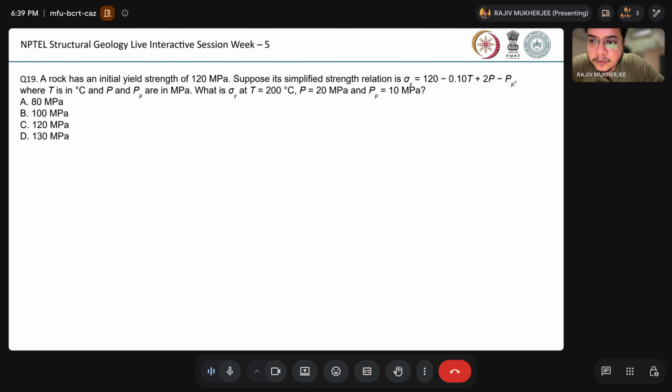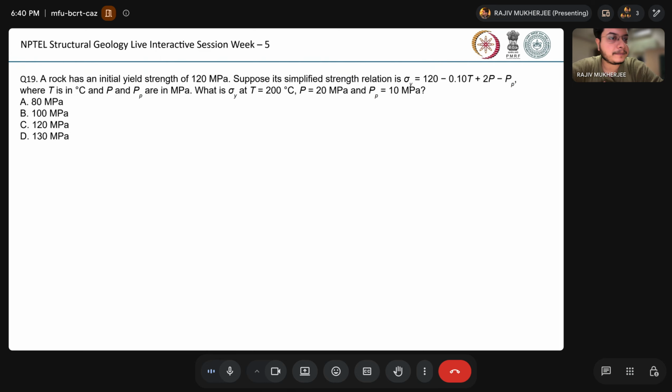Okay, so here we have been given an expression. A rock has an initial yield strength of 120 megapascal. Suppose its simplified strength relation is sigma y is equal to 120 minus 0.1 t plus 2p minus p suffix p. Here t is the temperature, and these are pore pressures and confining pressure.